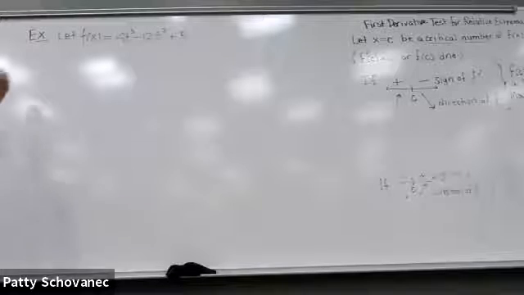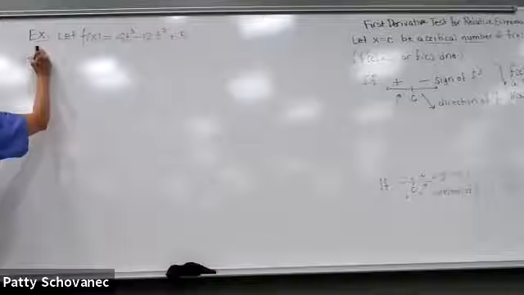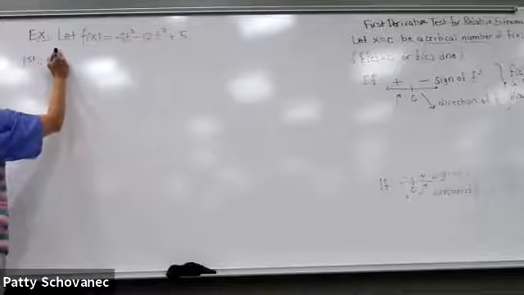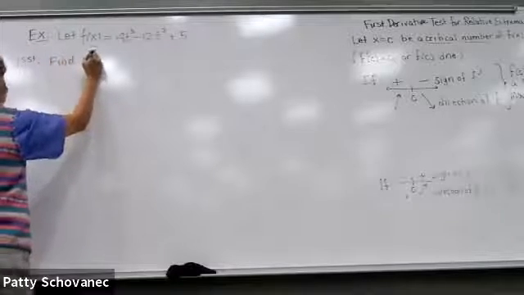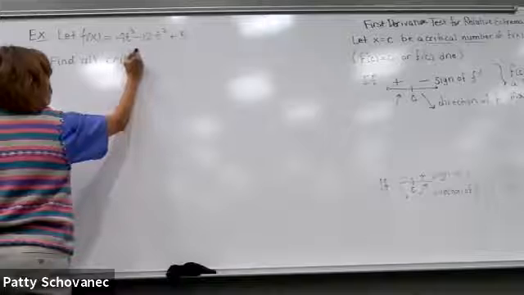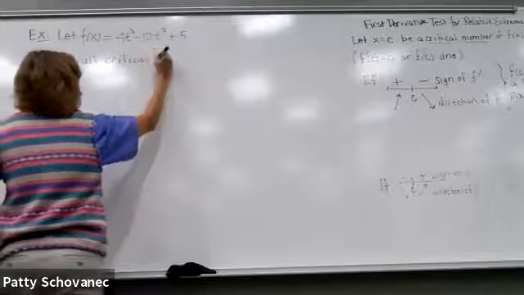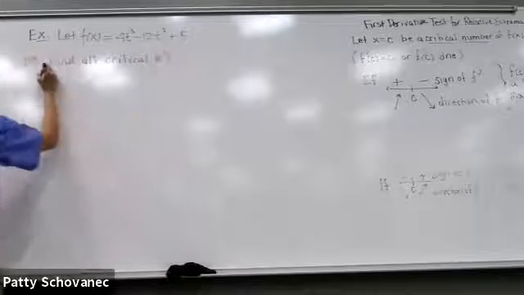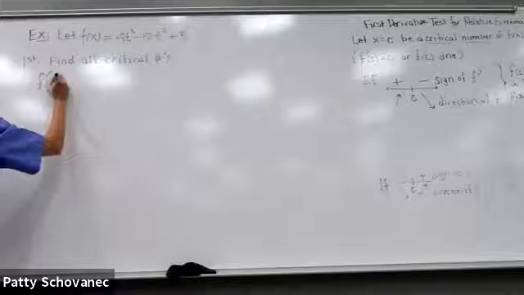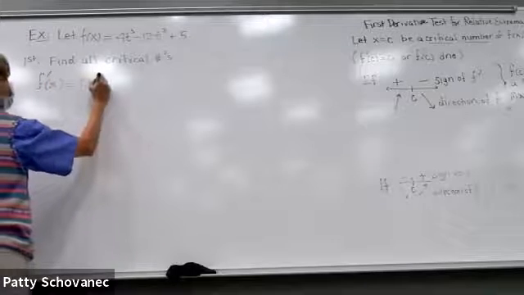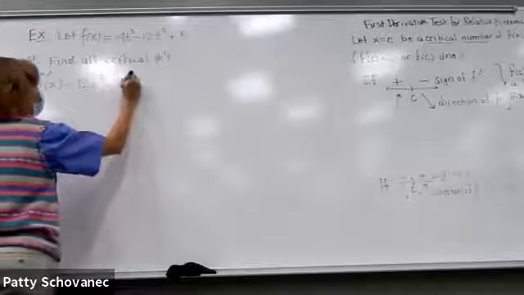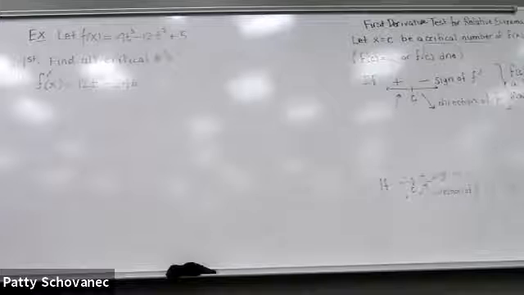Okay. So first, find all critical numbers. F prime looks like 12t squared minus 24t. I'm going to set that equal to 0.